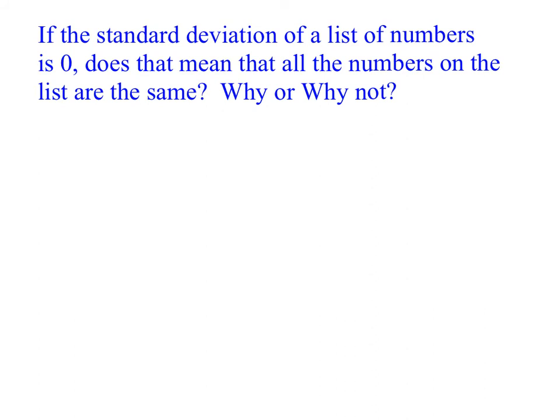Thinking conceptually about standard deviation, what would it mean if a standard deviation for a set of data is 0? Would it mean that all the numbers in your set of data are the same?